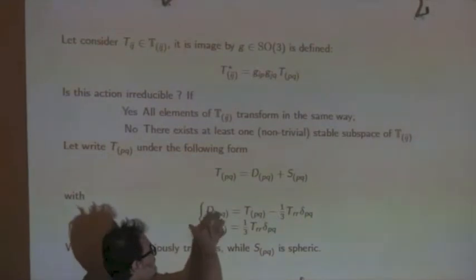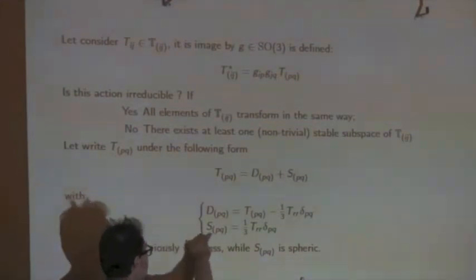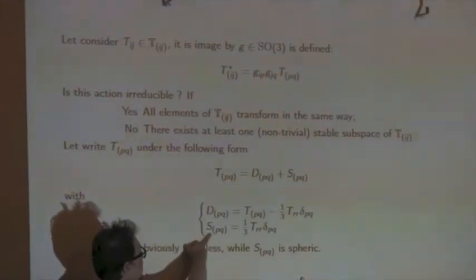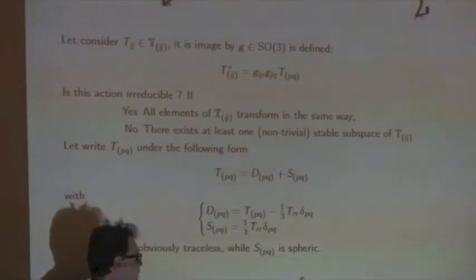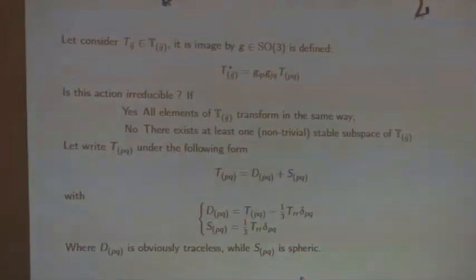You take the traceless symmetric part, D or deviatoric, and the spherical part called S, which is a scalar that will multiply the identity.